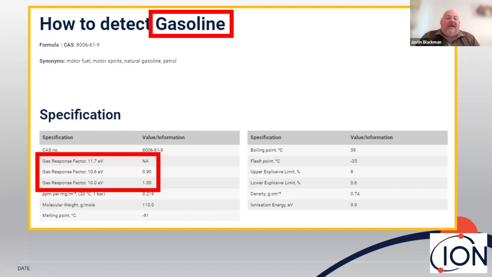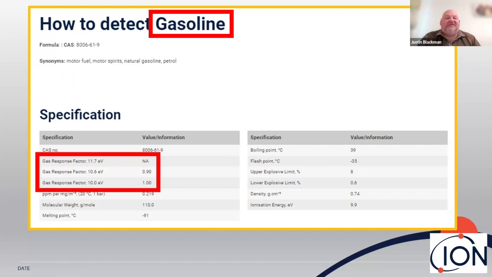Therefore, we gave it a number slightly lower than 1, of 0.9. Likewise, if we were to measure a gas that was slightly less responsive than isobutylene, we would give it a number higher than 1.